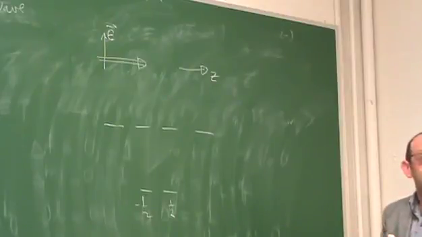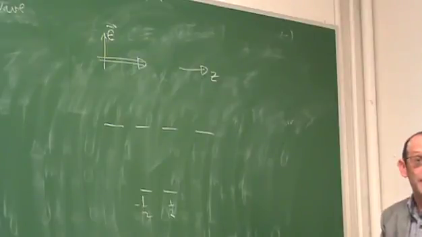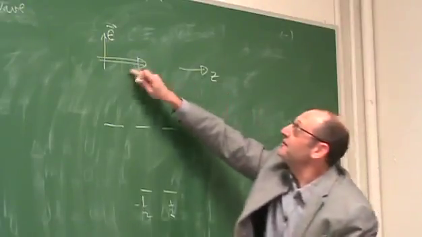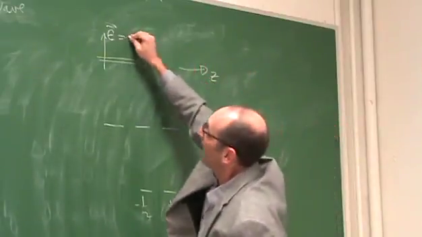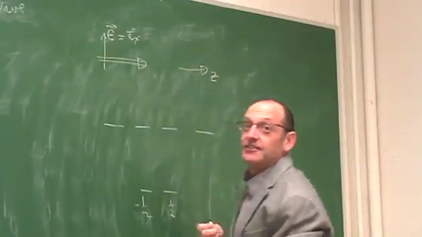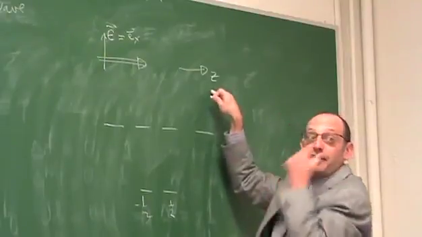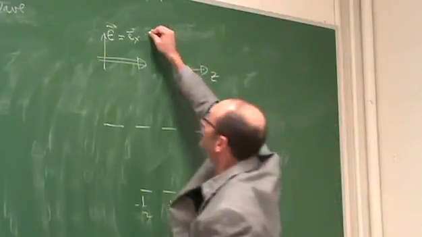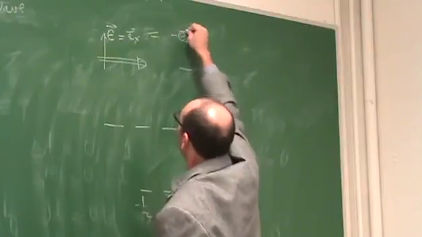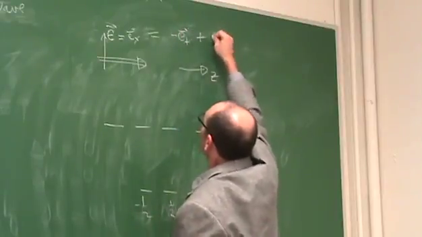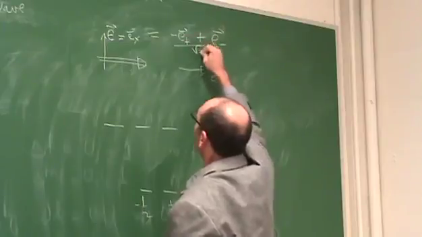Is that sigma plus or sigma minus? Or both? Both, right? Because this vector here is the x direction now, if I call this the z direction, which is equal to minus e plus e minus over root 2.